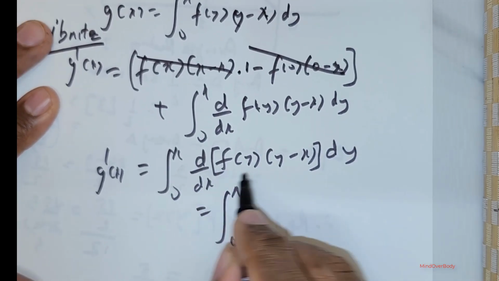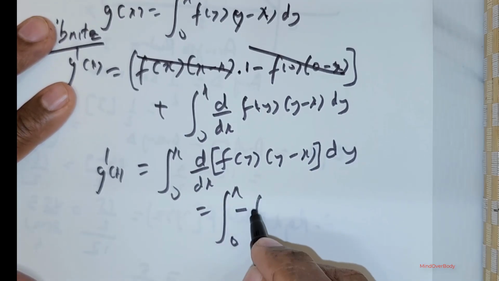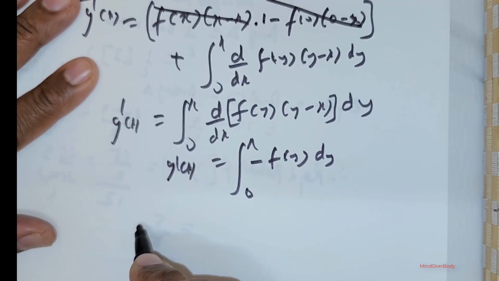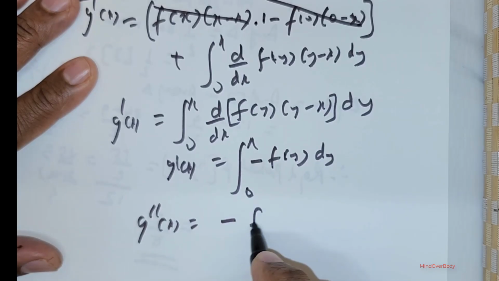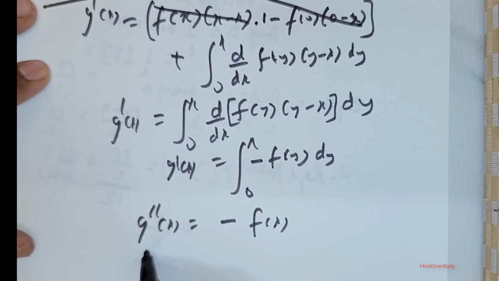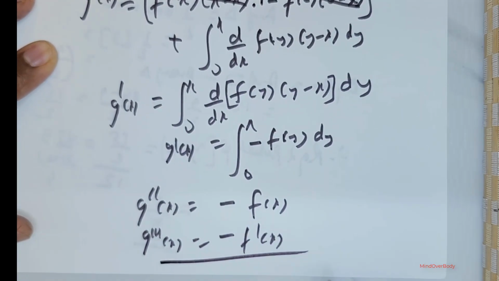So for the integrand, you differentiate and you get negative 1, right? So that means you have negative f of y times dy, which is g dash of x. Now you apply Leibniz rule again, so g double dash of x is equal to negative f of x. This is what you are getting. Now you have to get g triple dash, right? So g triple dash of x is going to be negative f dash of x. So this is the final solution.